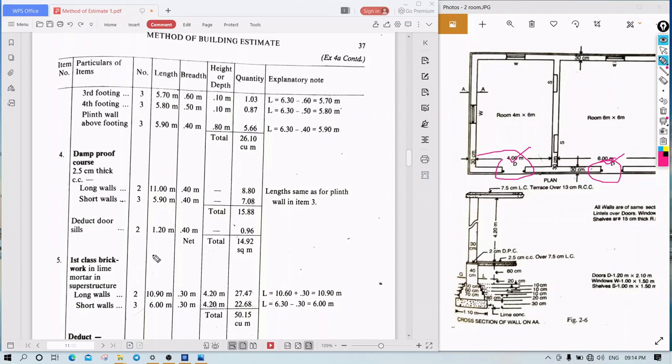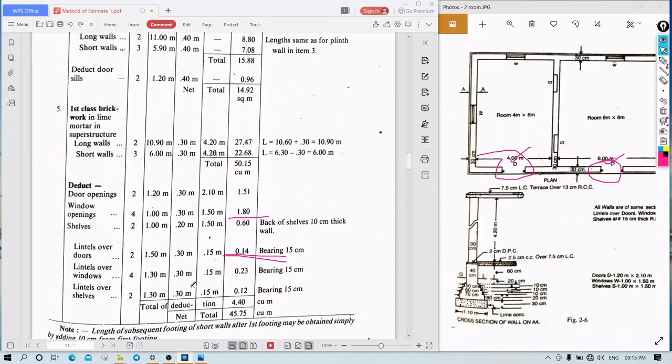So to install the door sill we need to deduct it from the total quantity of the damp proof course. Okay, so 15.88 is the total, so two doors, 1.20 length, 0.40, subtract, and we will get the damp proof course quantity. Okay, similarly next is for first class brickwork.